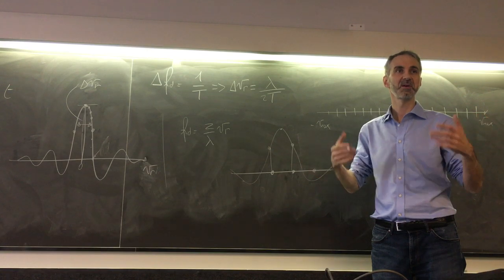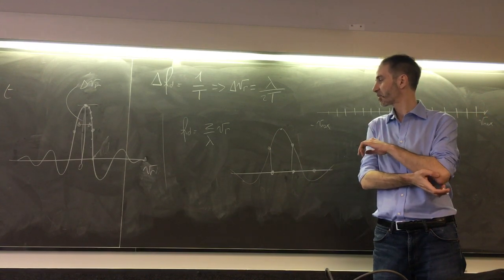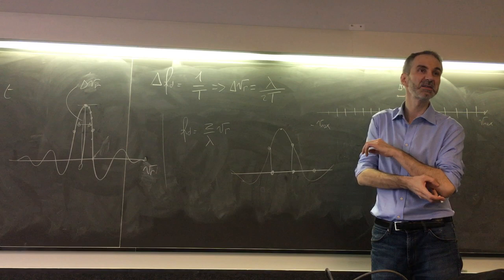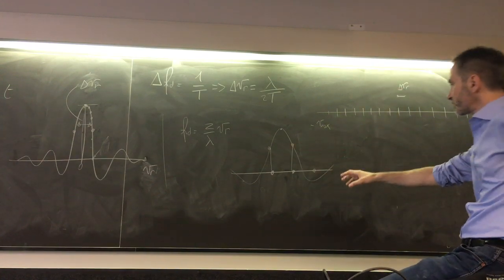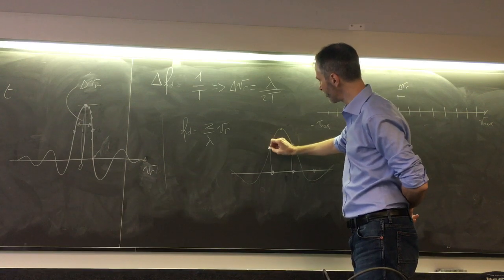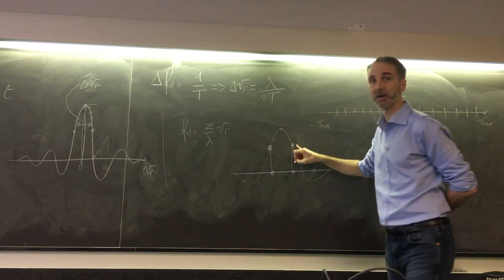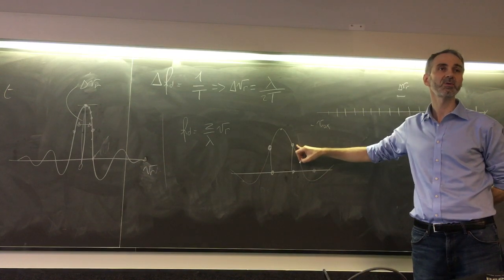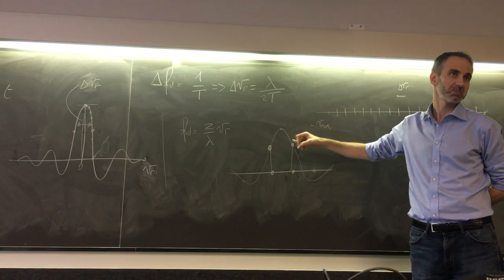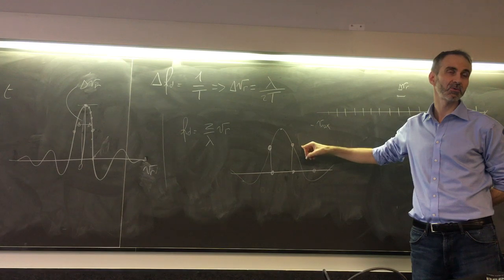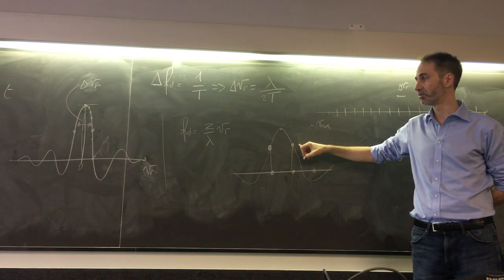This is the point. And why is it never good to lose intensity? Well, in the first place, because if you just see these two points, then what is the peak? You just don't know.